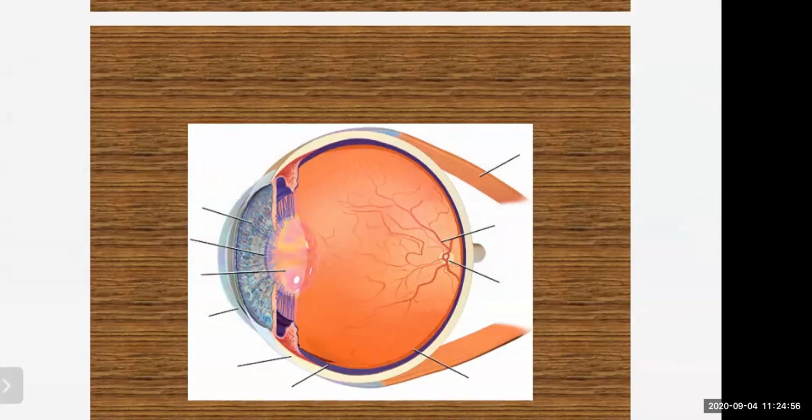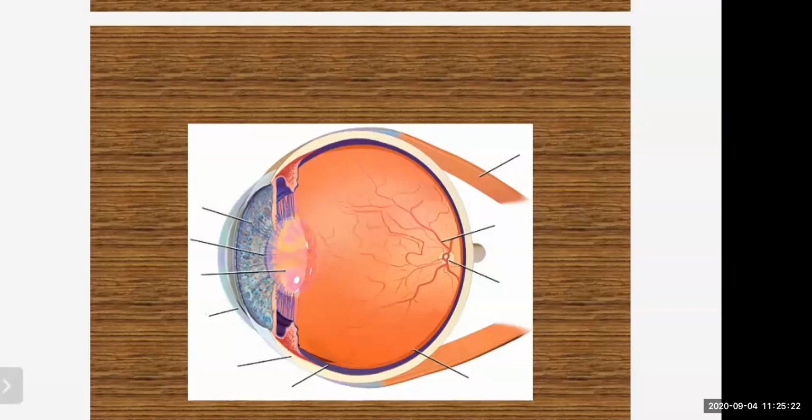Although the elastic lens can change its focal length to increase or decrease it, it cannot do so beyond a limit. There is a particular limit, up to that only it can change its focal length. After that it cannot. The change in the shape of the lens while seeing distant and nearby objects you can see in the diagram, page number 87, figure 7.12.